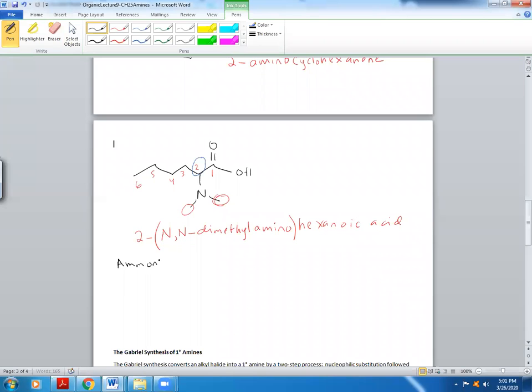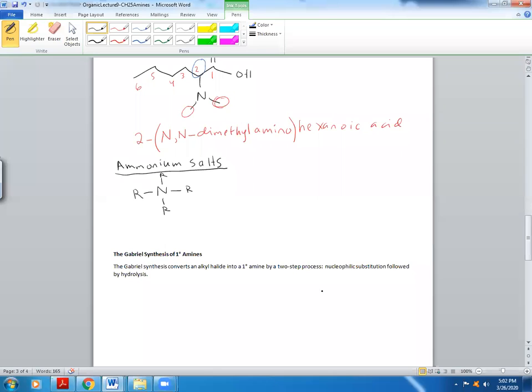You're all going into, or the majority of you are going into the healthcare field, and it's important to talk about those. So ammonium salts are where you have N with 4 bonds, and those are usually R groups. And we call it R4N plus.